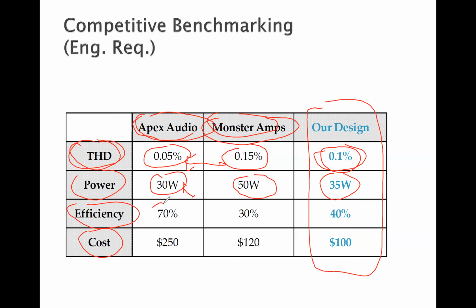For efficiency, that's 70% and 30%. So we, again, seem to be conservative and choose 40%, close to this Monster amplifier. For the cost, here we are quite competitive, as you can see. It's $100, while for Apex and Monster, it's more than our targeted cost.